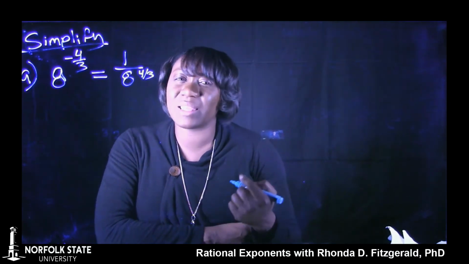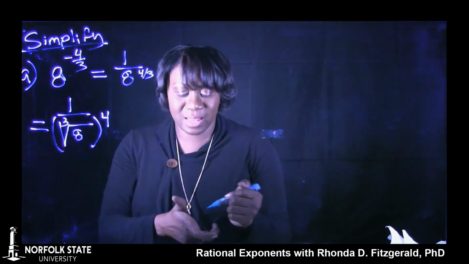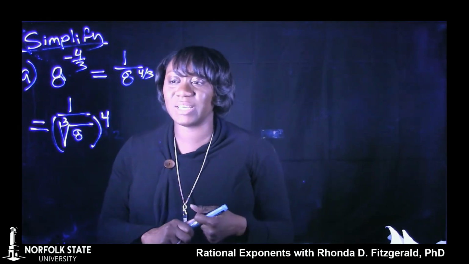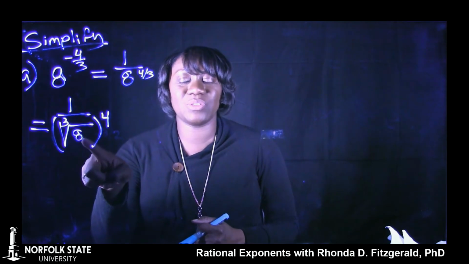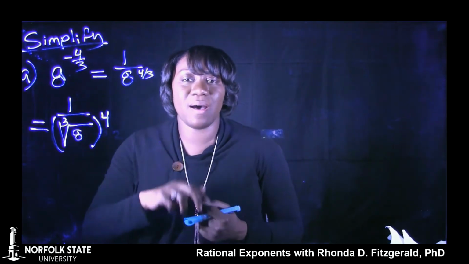Now we want to rewrite this using radicals so that we can think of how to actually simplify it. Now I have 1 over the cube root of 8, and I want to raise the power on the outside, raised to the 4th power. Now let's do the algebra on the inside. What is the cube root of 8?